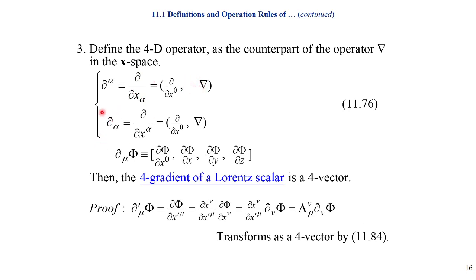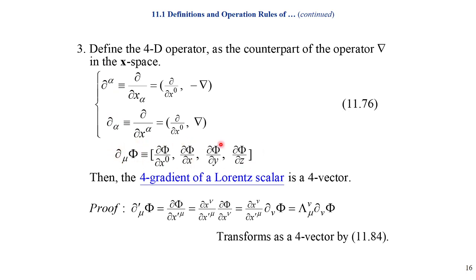So for the four-dimensional operator, we can write it in this form. That's the major difference: minus sign here and plus here. Okay. And gradient phi we define in this form. Okay, gradient phi.